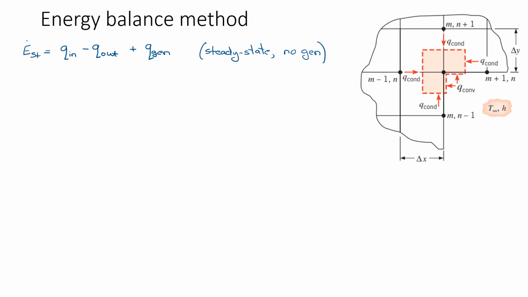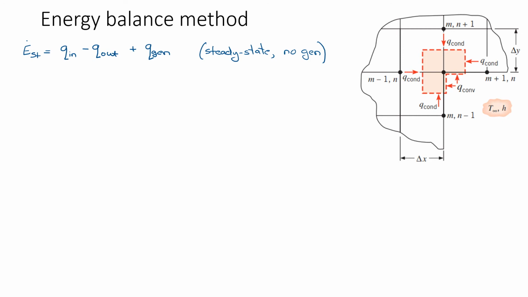In this particular scenario, it's best to start with the energy balance equation. In the previous problem, remember that we started with the heat diffusion equation. This is a different approach, so I'll just show you how we can get the temperature distribution by starting from the energy balance equation.